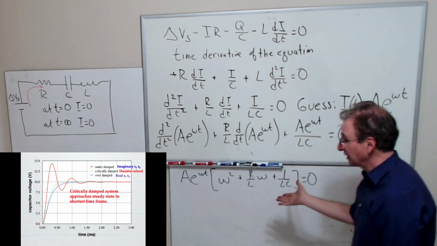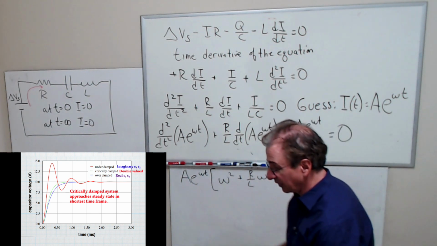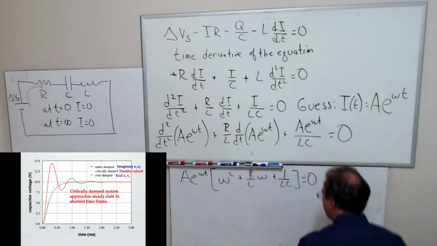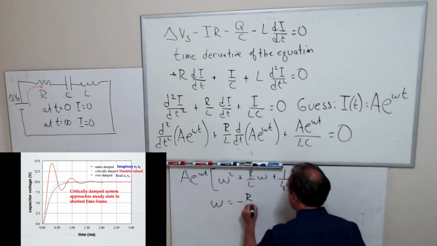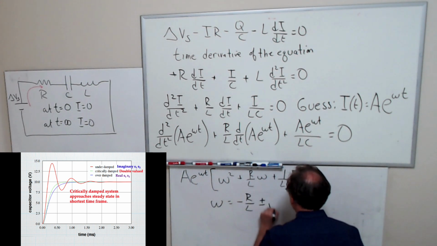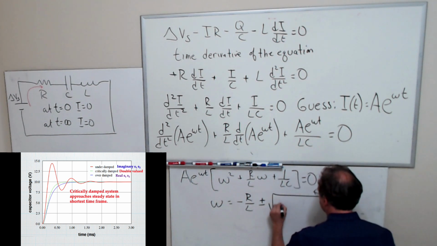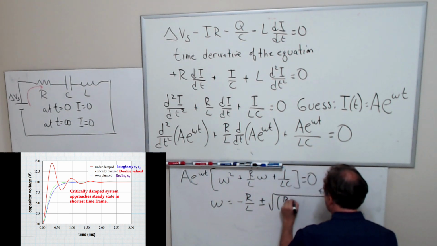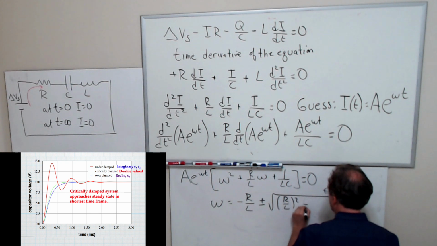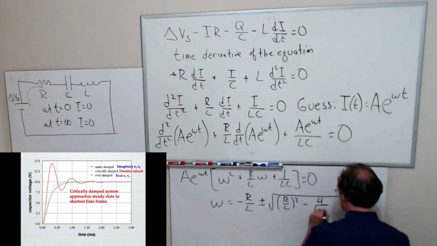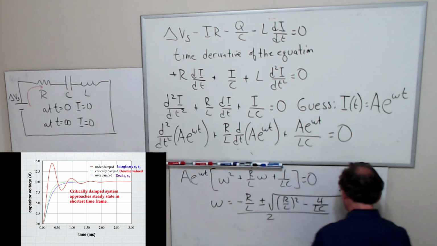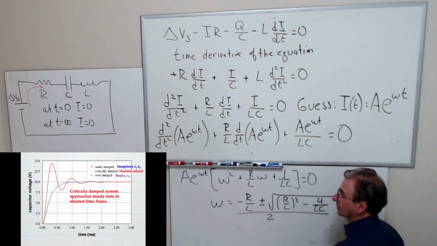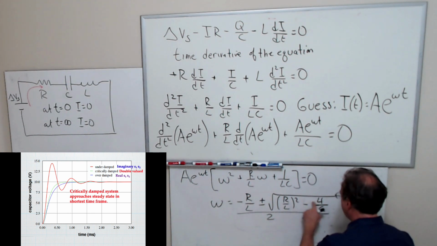So that means there are some conditions that are set on omega. So let's figure out what they are. Well, I use the quadratic formula. There we go. Let me factor out the 4 from here.